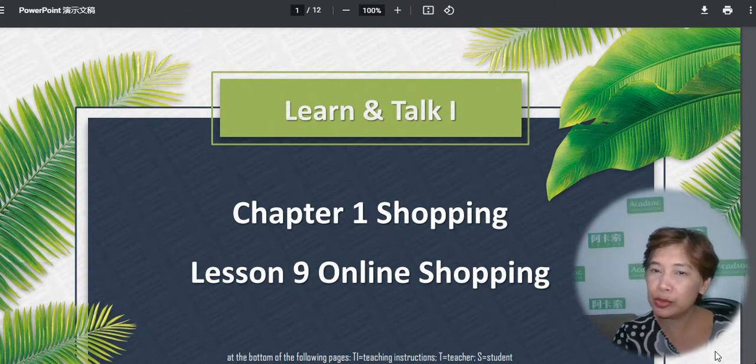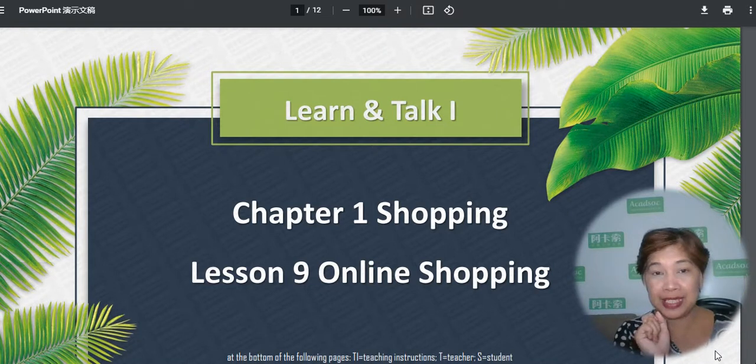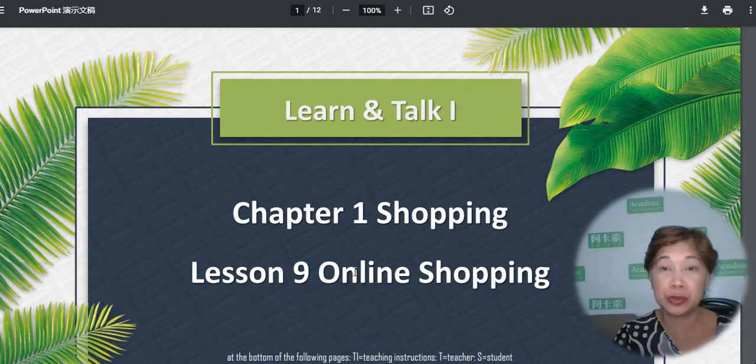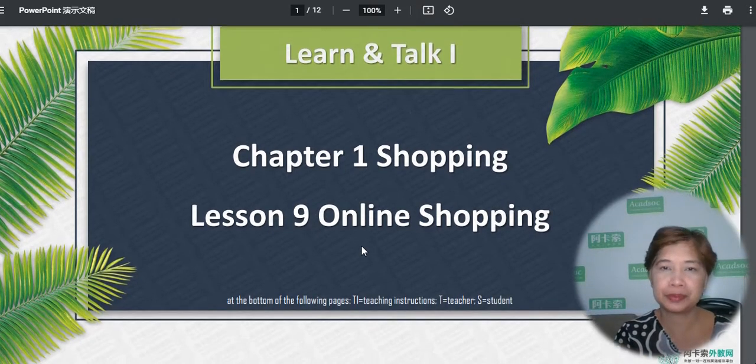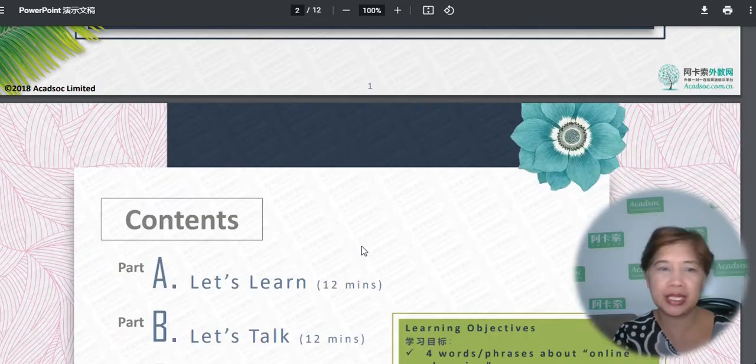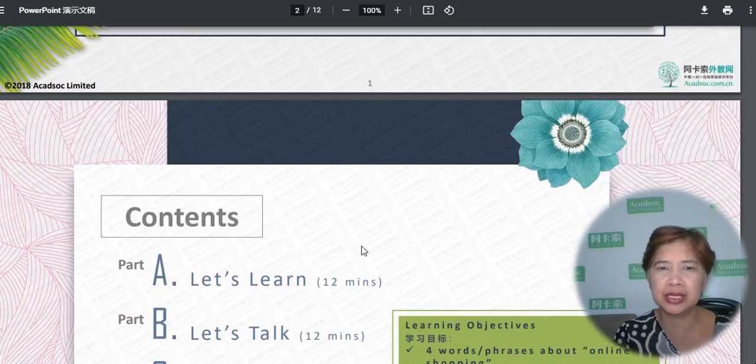But you also have to observe how the student reads the words. If it needs to be corrected, you may say, again, can you say it? Shopping, chapter, like that. You should always be very observant on how your student is reading the words.